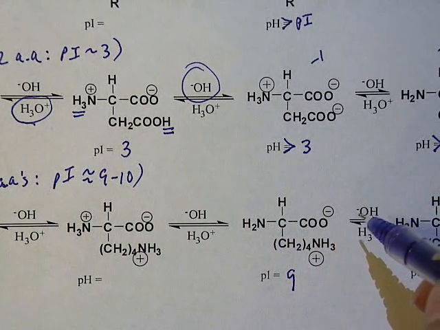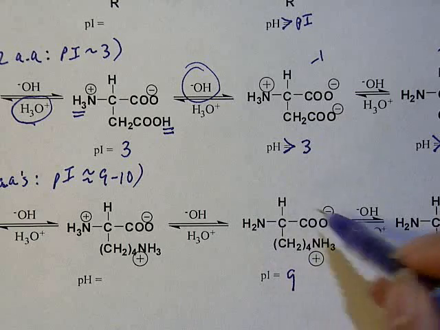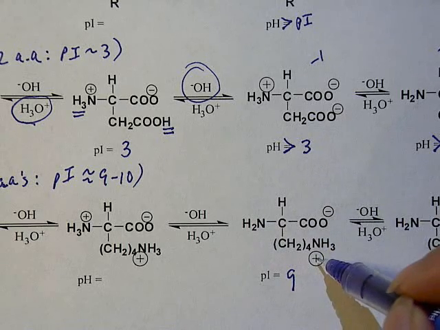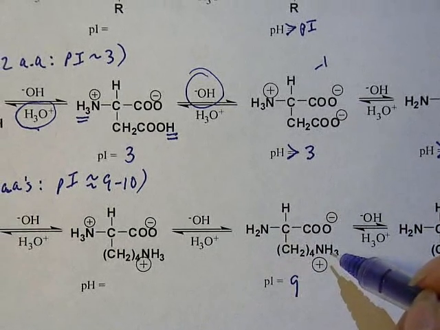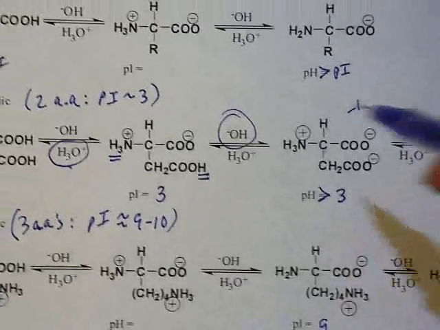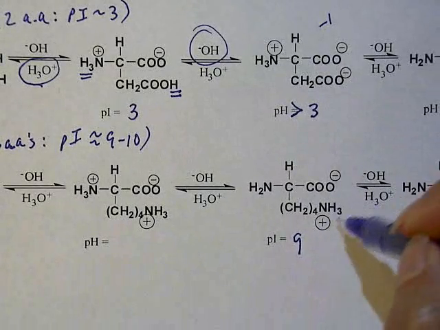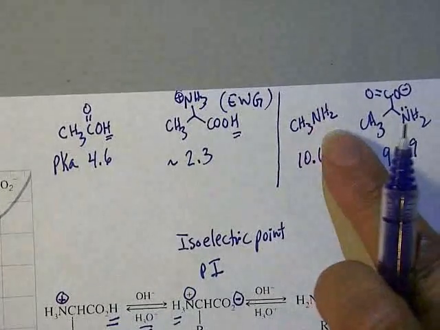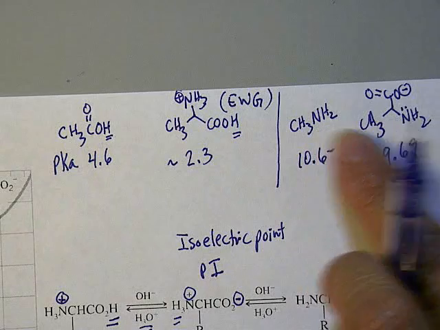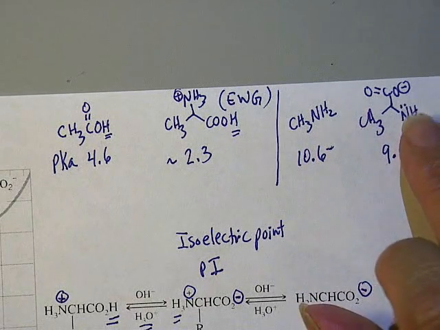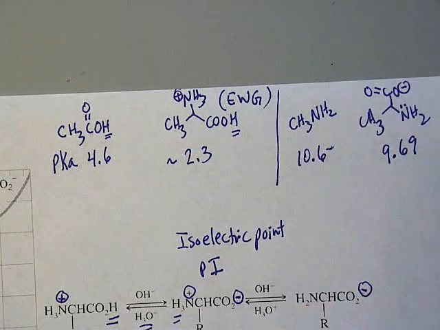So notice the neutral form, you have the negative and the plus, but unlike the neutral form over here where the amine of the amino acid is protonated, here we talked about the amine, the regular amine, being more basic than the amine from the amino acid.